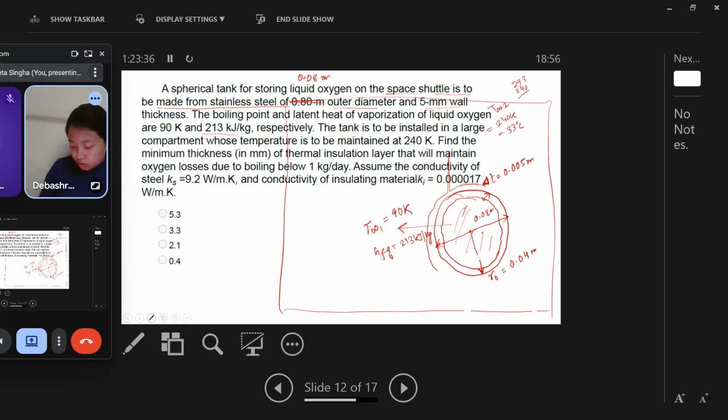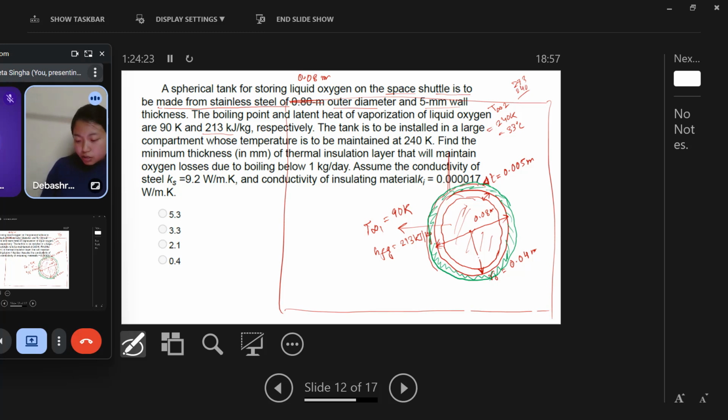If I draw it with green color, another thermal insulation is given around the spherical tank to maintain the oxygen losses below 1 kg per day.